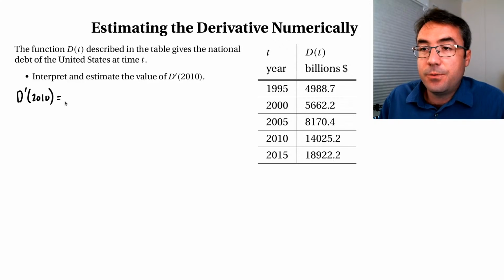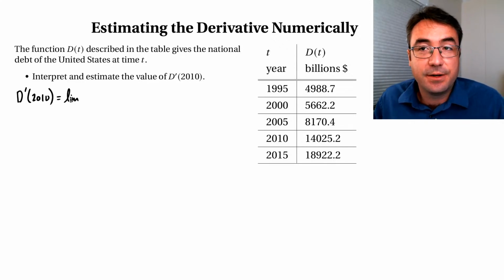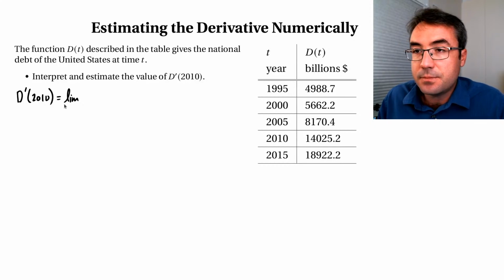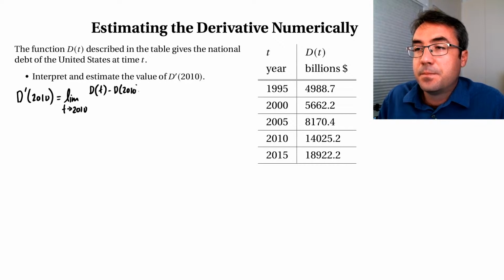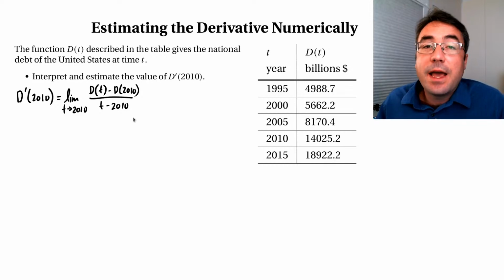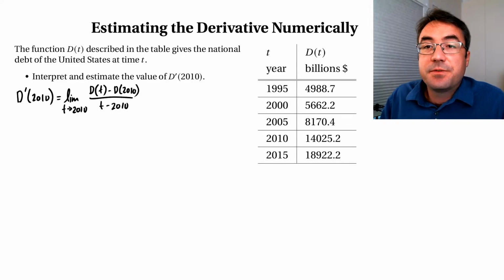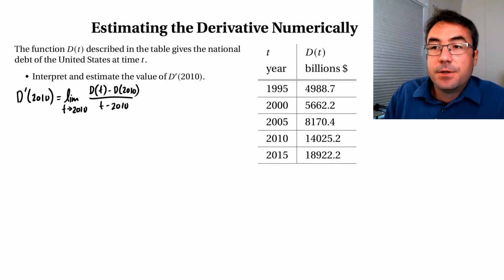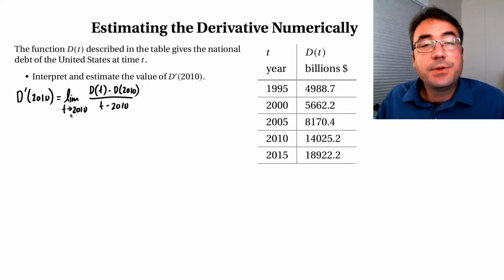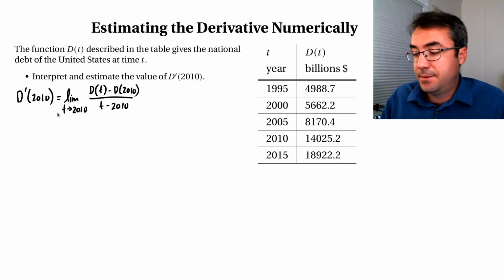If we had a nice formula for our function, we could do this with a limit. Now, we don't have a nice formula, so the best we can do is work with this difference quotient. As we've seen with limits, there are two ways t could approach 2010.